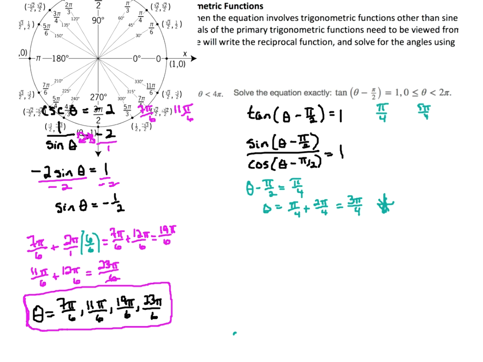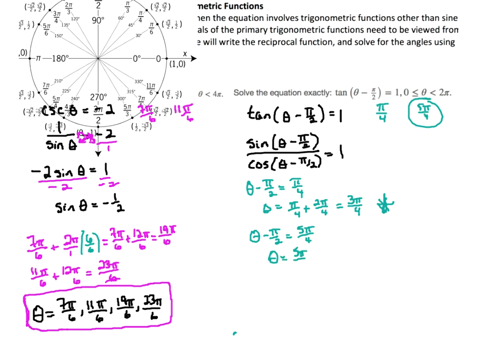All right, and then I also have the possibility of 5 pi over 4 giving a tangent equal to 1. So I also need to know, okay, well, when is theta minus pi over 2 going to be equal to 5 pi over 4?